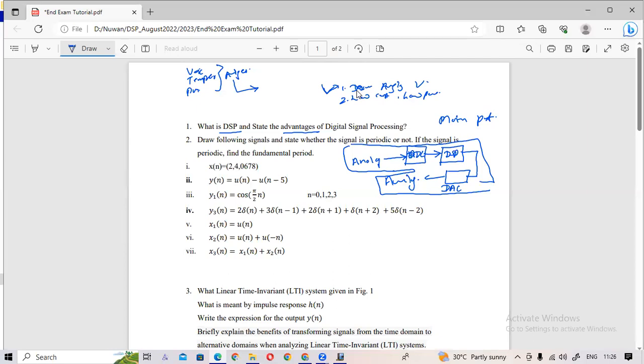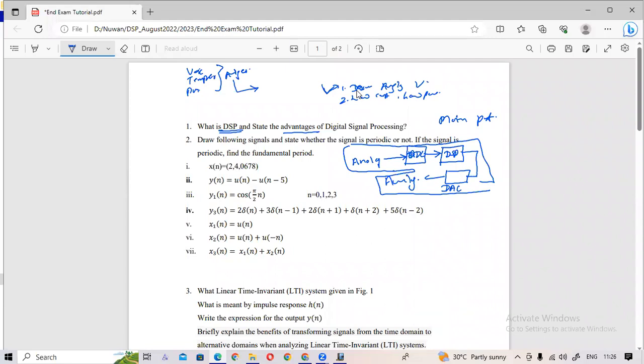So I think you now have the idea of what DSP is: we are processing the signal in the digital domain using digital systems. That means we are using only a few voltage levels, normally two, which we can represent using 0 and 1.